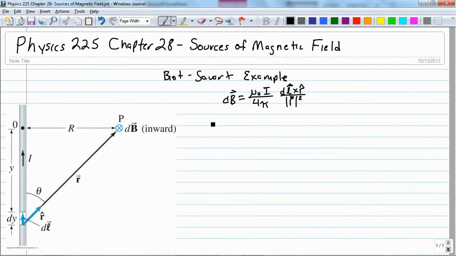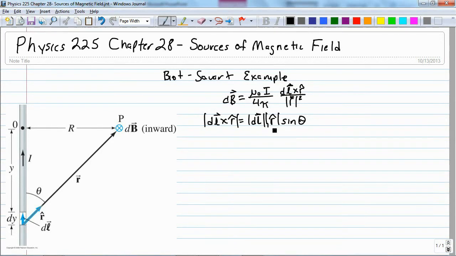Now we can do this cross product in terms of the absolute values, and we know that this length is equal to the magnitude of dl times r hat times the sine of the angle theta that it makes. So this would be the length of this cross product.